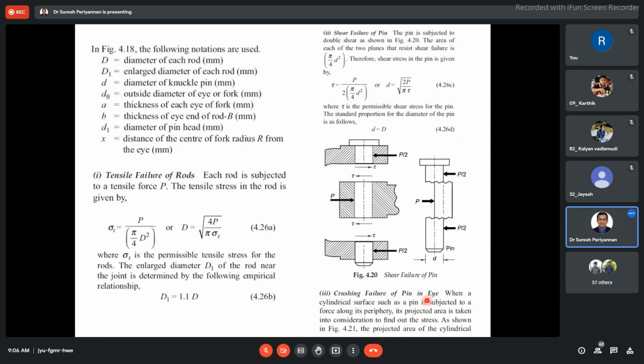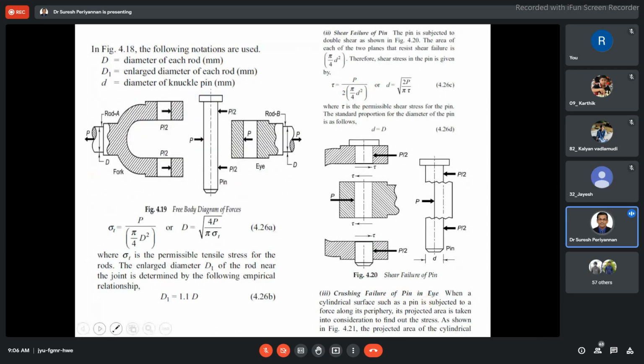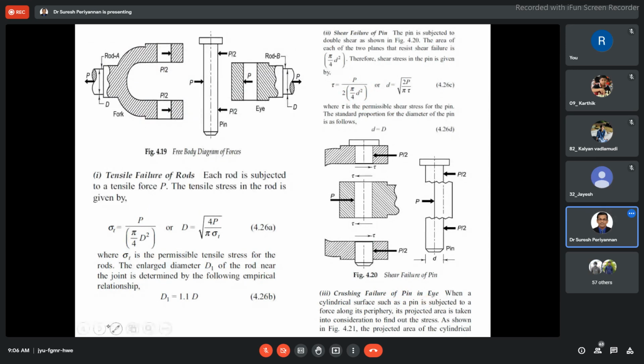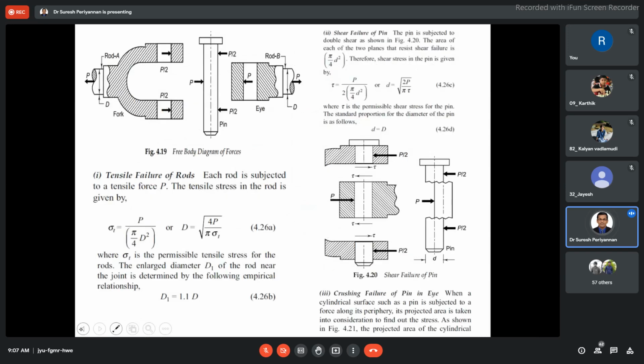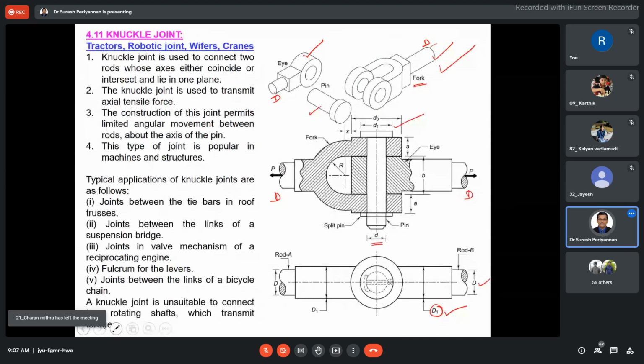See here, figure 4.21. This is the region subjected to the eye. I come to this figure, you can easily understand. This is the region.